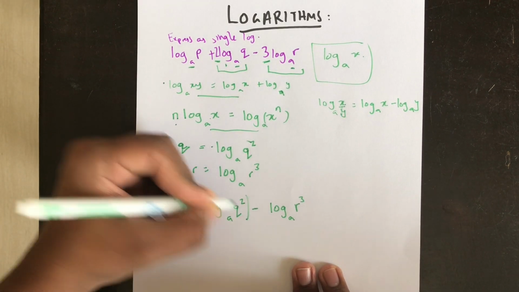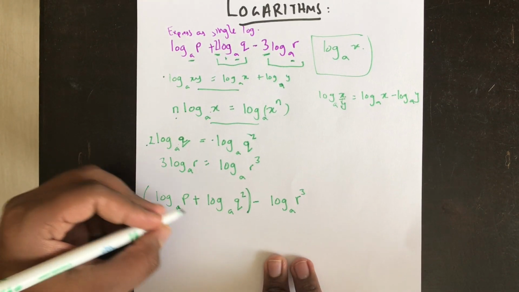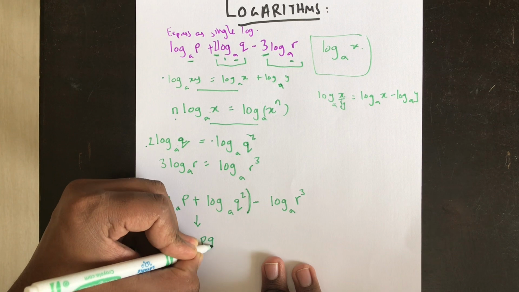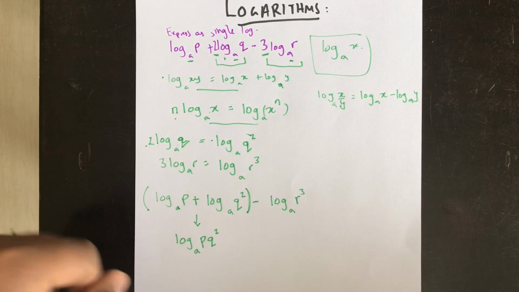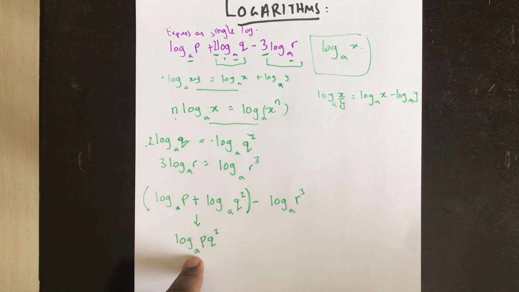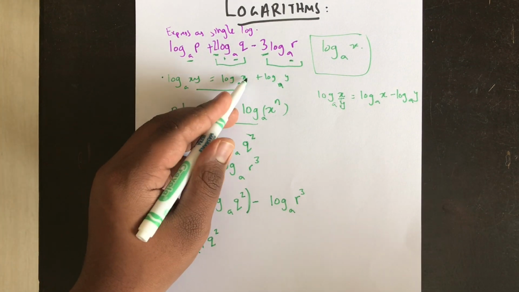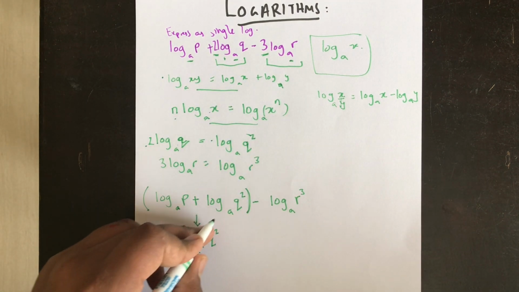So first of all, we can group these two terms to get log p q squared base a. I'm getting log p q squared base a by use of this rule. This is log x base a plus log y base a: log p base a plus log q squared base a.